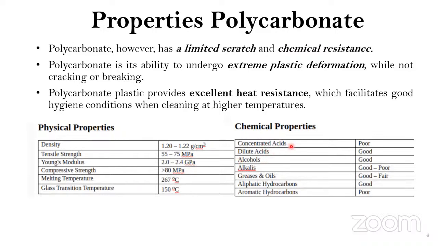if you pour concentrated acid on the polycarbonate material, this polycarbonate material is not going to be affected, as it is resistant to concentrated acid. But this polycarbonate will be dissolved if they are diluted acid or alcohol or aliphatic hydrocarbons or aromatic hydrocarbons.